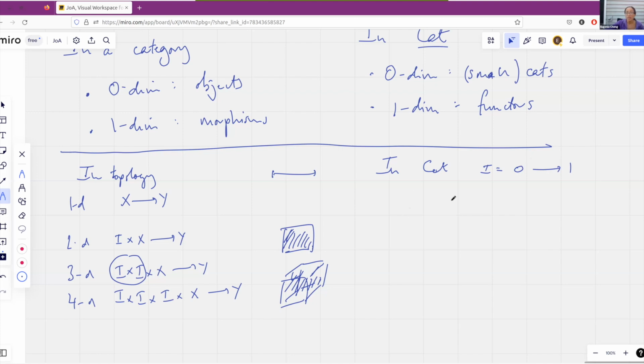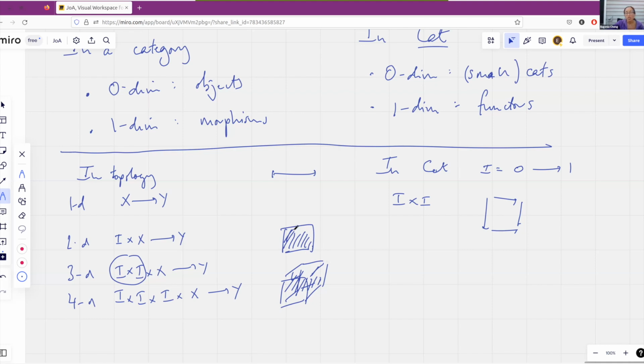So if you do I cross I, what you get is a square and it commutes. That means that this outside edge equals that outside edge. And so it's kind of not really a square. In a way, it's just a flat line. And so you don't get to build up any dimensions by doing that. It's a fake square because we don't have any isomorphisms.